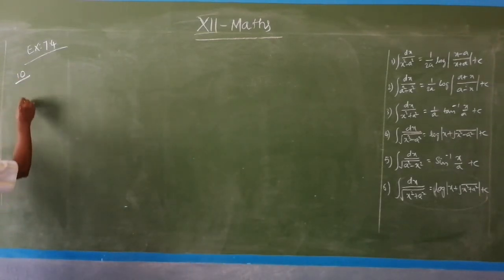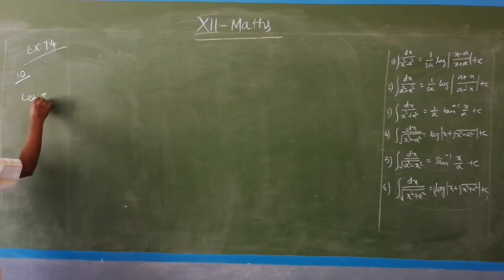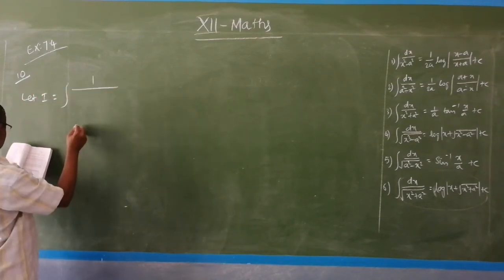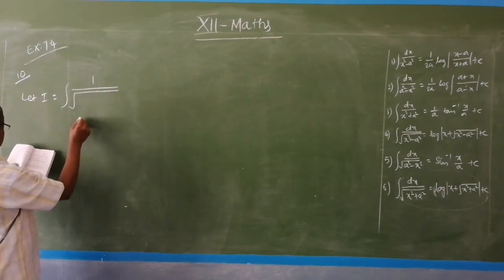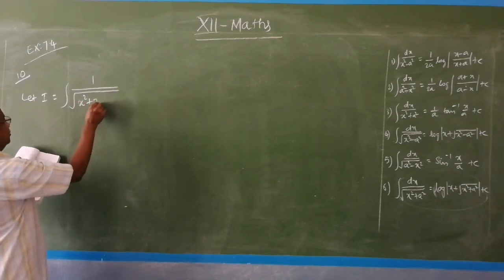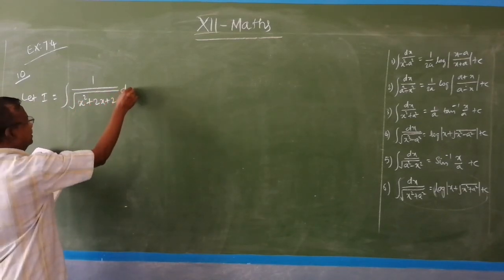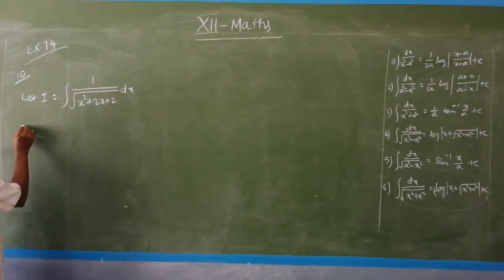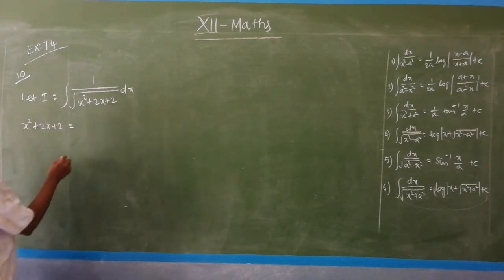Now question number 10. Let I equal to integral 1 by root of x square plus 2x plus 2 into dx. Consider x square plus 2x plus 2.